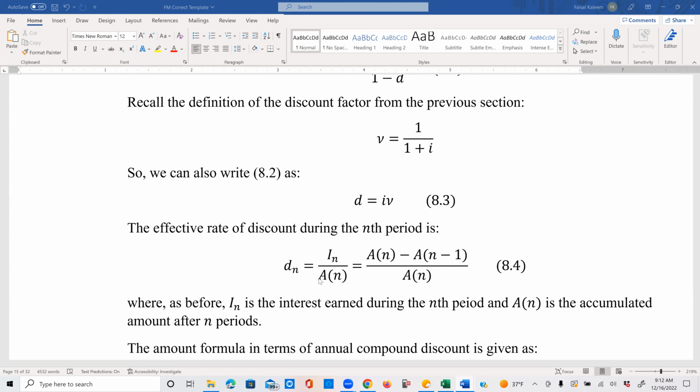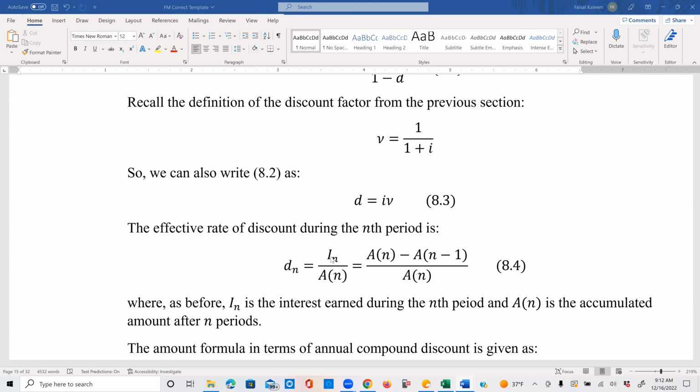And so here we see that the difference between the effective rate of interest during the nth period and the discount during the nth period is the denominator. In case of interest rate, we were dividing by a of n minus 1, whereas in case of discount rate, we divide by a of n.